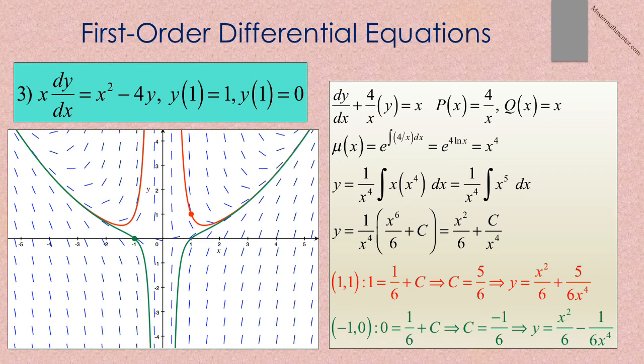For the point (negative 1, 0), in green, we show that 0 is equal to 1/6 plus c, making c equal to negative 1/6, and therefore y is equal to x squared over 6 minus 1 over 6x to the 4th. This is all confirmed by our slope field shown on the left side of the screen.